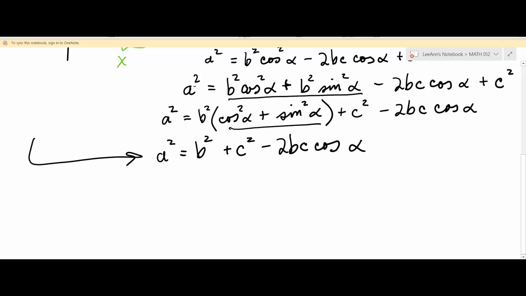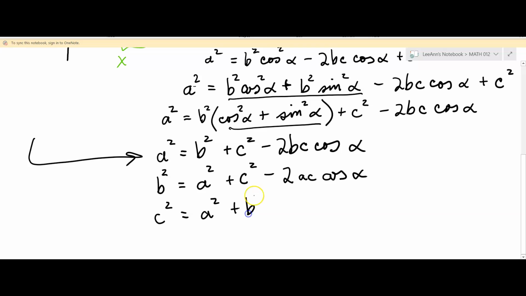Okay, there are two more formulas. You can say b squared equals a squared plus c squared minus 2ac cosine alpha. And then c squared equals a squared plus b squared minus 2ab cosine alpha.